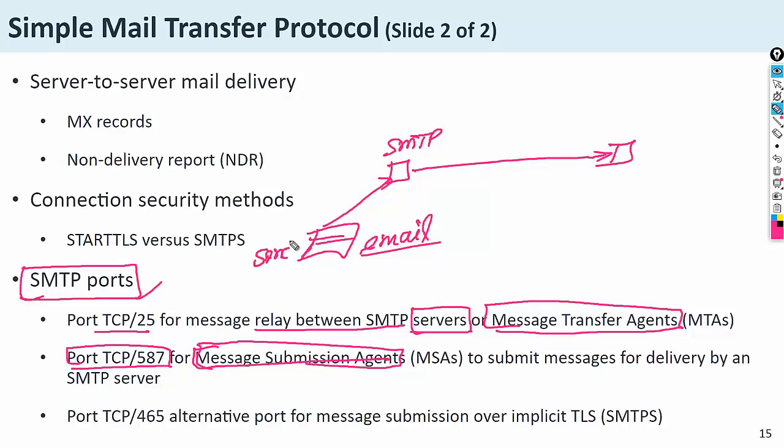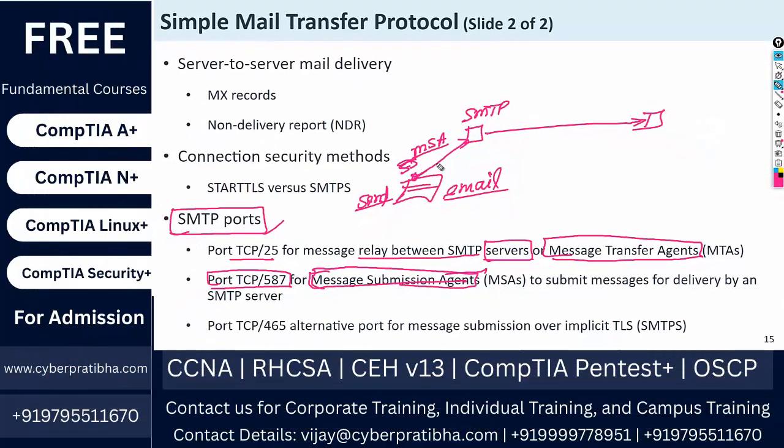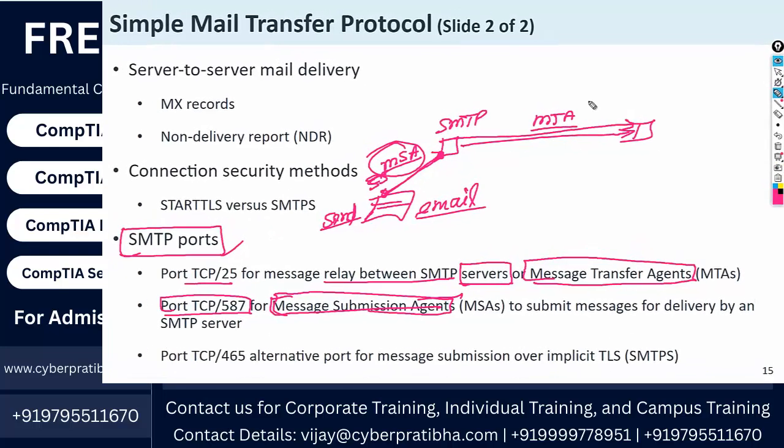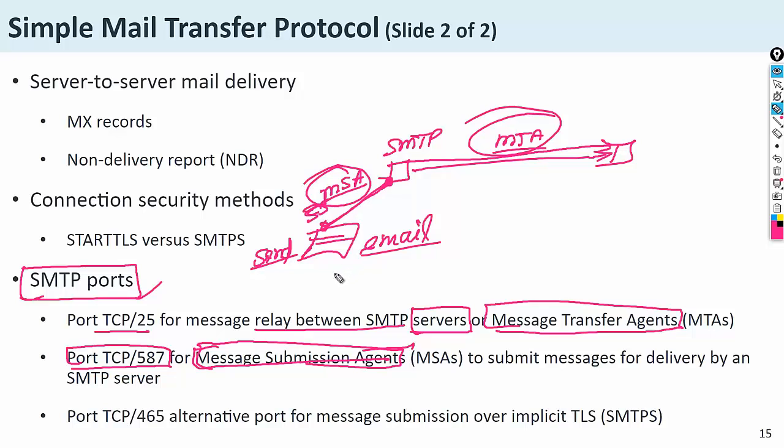When you click on send, in the background the MSA will work. And what will the MSA do? The MSA will submit your mail or message to the SMTP. Then from SMTP to SMTP, the MTA will work. So here is the MSA, here is the MTA.